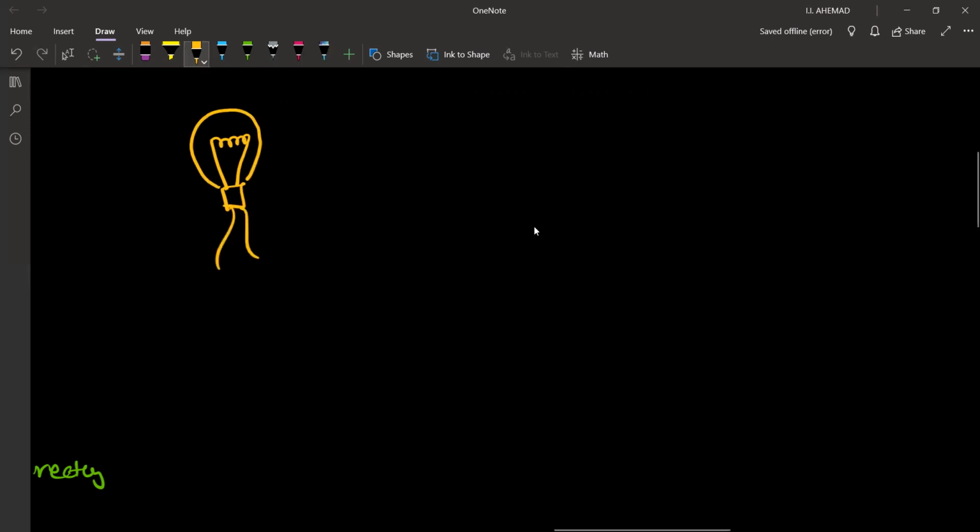So this is tungsten. Initially, let's give positive to this and negative to this, and negative to this and positive to this.